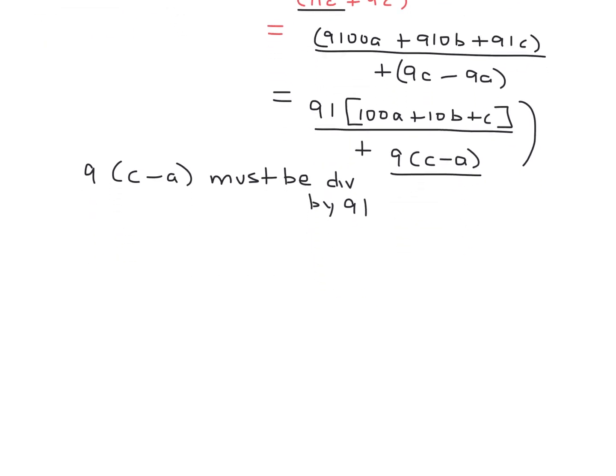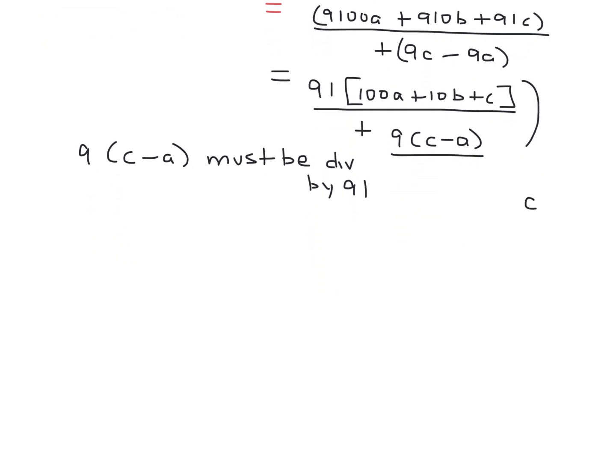And remembering our parameters, that C was what? Anywhere between 0 and 9, and A was anywhere between 1 and 9, correct? Yeah. All right, so when I first thought about this, I thought, well, there's no way that's even possible, right? Because you need at least 91. There's no way you can get 91. But then I thought, well, what if it's 0?